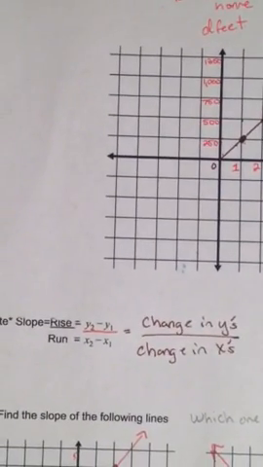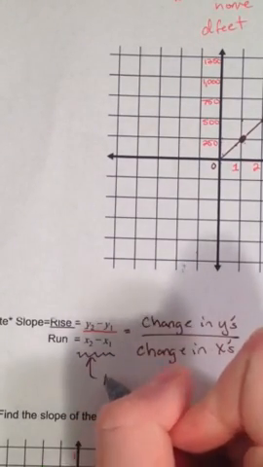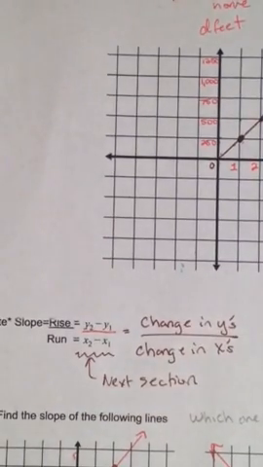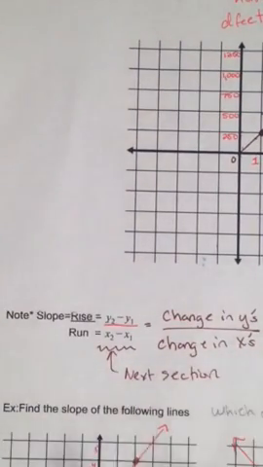That's what this subtraction is saying. Now this part of the equation is going to come in the next section, where we're actually going to use this formula. But today we're just using basic ones. This is something you need to understand for the rest of the chapter.